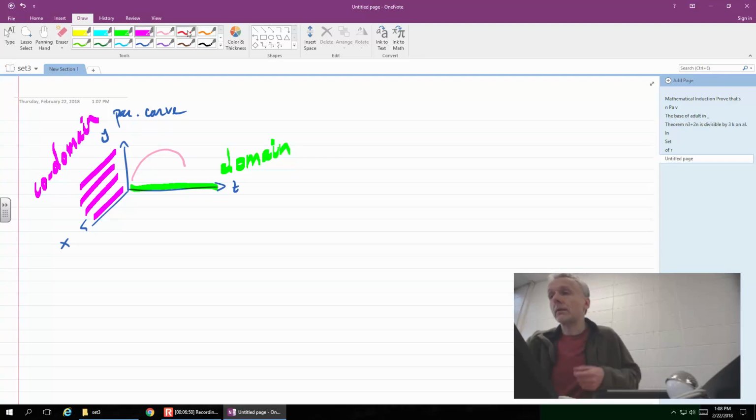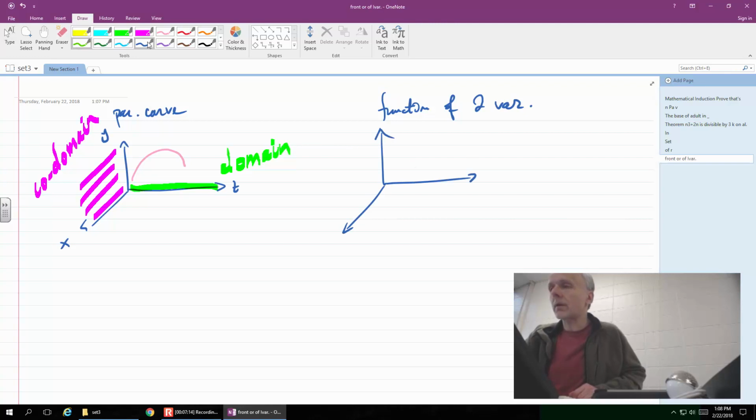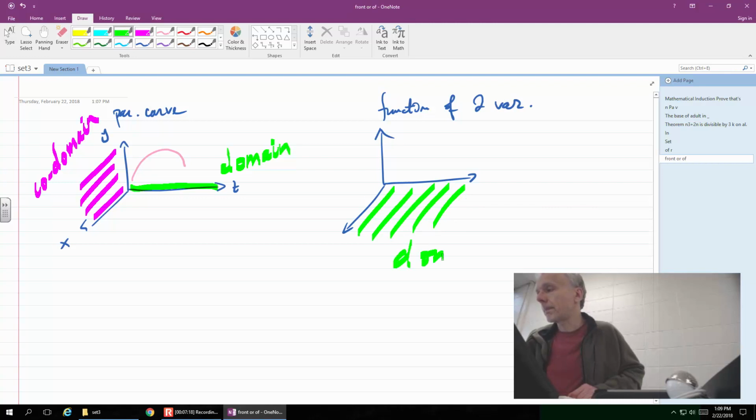Okay, and then you have the same three-dimensional space, but things change. So I'm talking about functions of two variables. Same three-dimensional space, but this time this is my domain, and this is my codomain, the values.